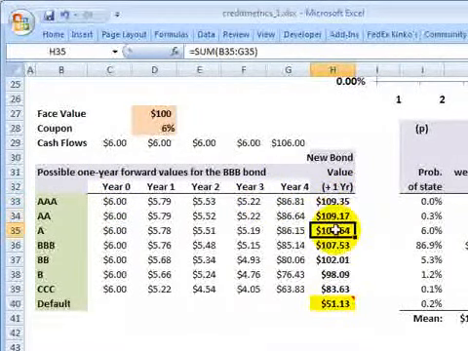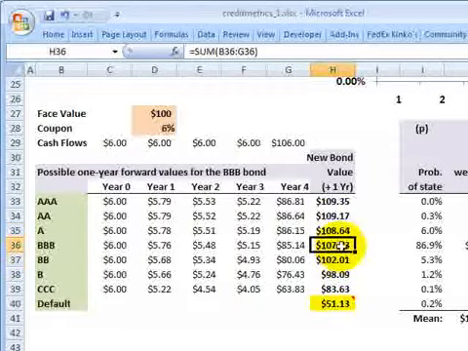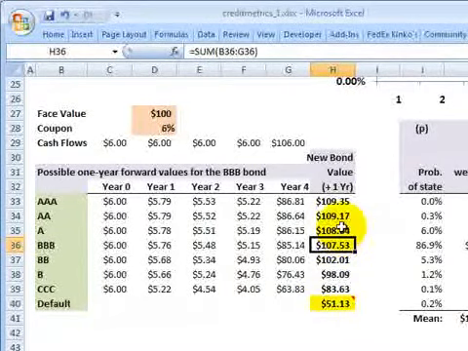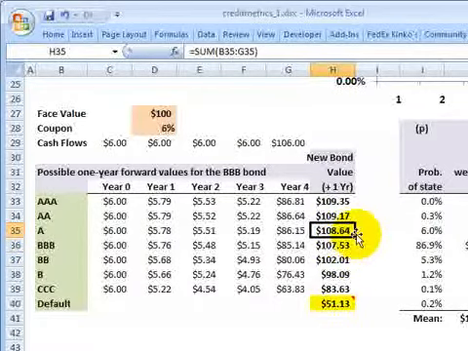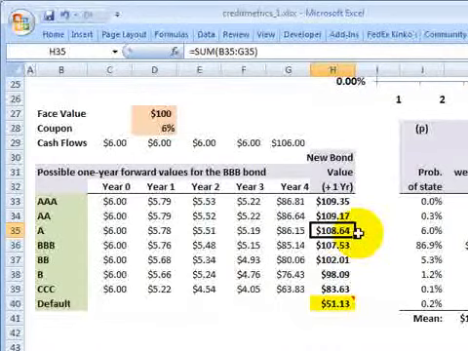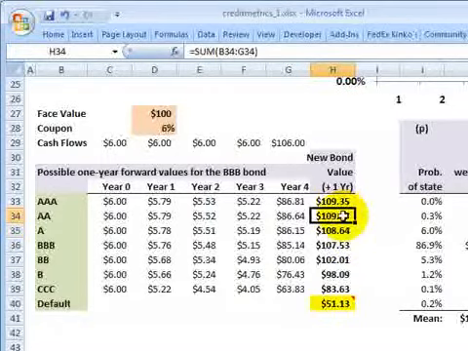And so what we end up with in this final column is the estimated price of the bond in 1 year depending on which rating category the bond ends up with. Probably here, but could end up here, could migrate here to single A where the quality is higher and the discount rates are lower, and therefore the present value of the cash flows is higher.